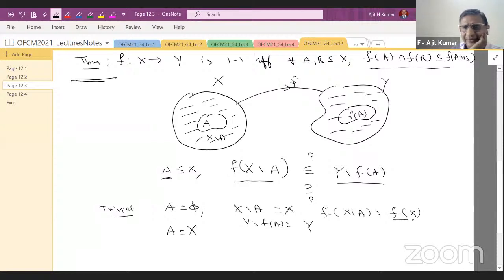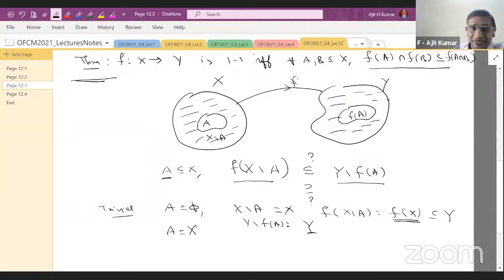What do we already know? We already know that f of X is a subset of Y. So if this has to be equal to the whole of Y, then the only way that can happen is when f is onto.